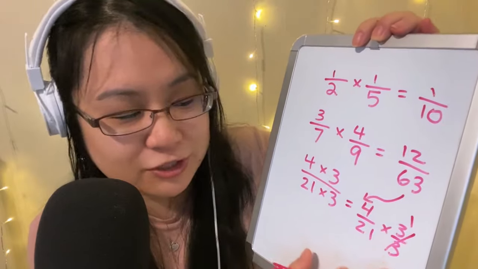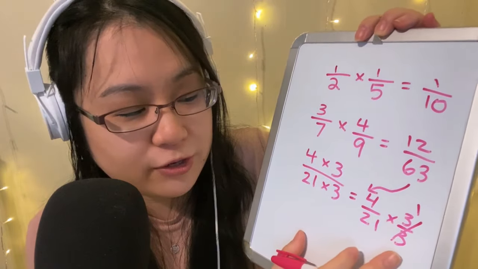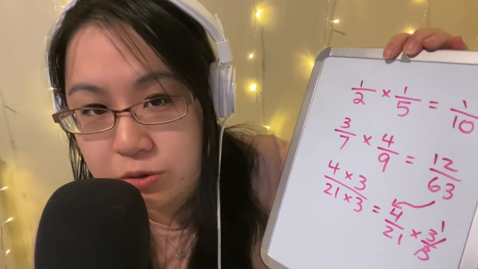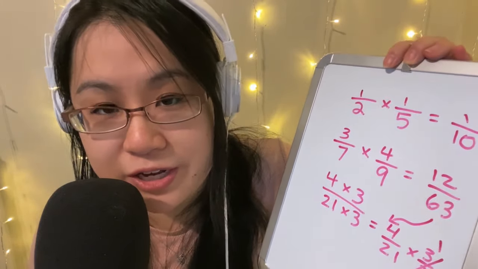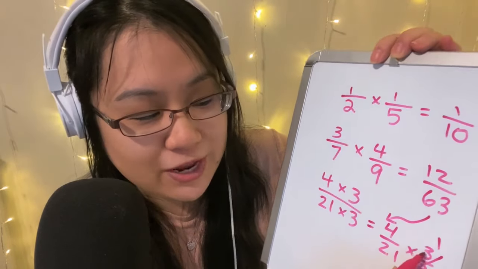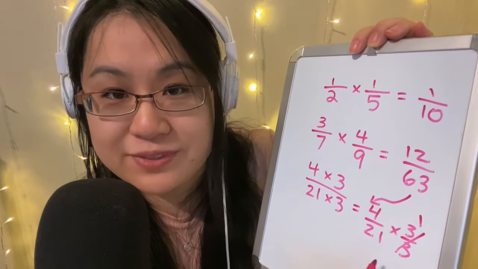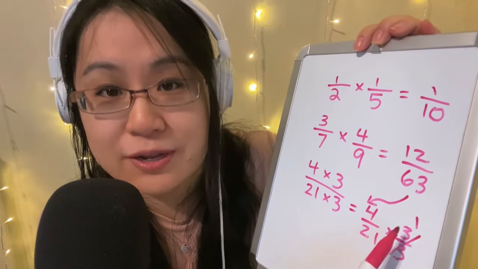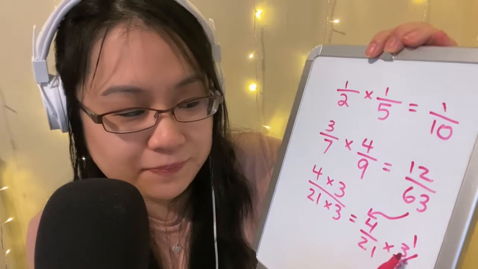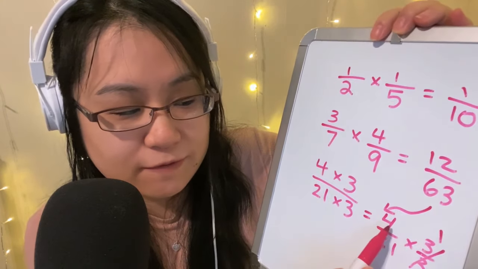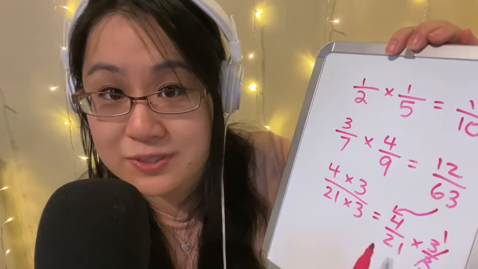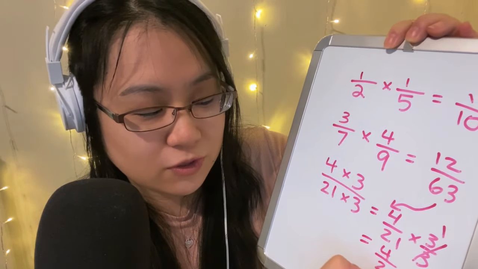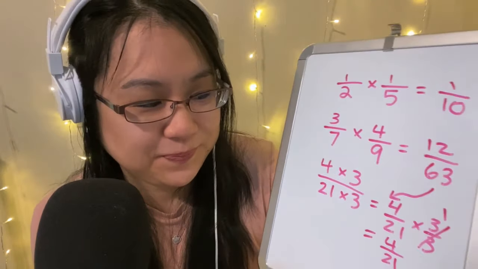That's why we want to understand what fractions mean. 1/3 is taking a whole unit, a 1, dividing it into 3 equal parts, so that each part is 1/3. But we have 3, the top, the numerator, tells us how many of those 1/3 we have. So if we have 3/3, we actually have a whole 1. So if this thing is 1, then 4 over 21 times 1, or like we said, anything times 1 is itself. So this is actually equal to just 4 over 21.